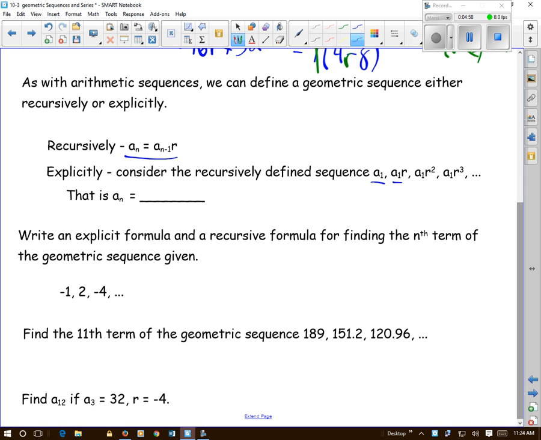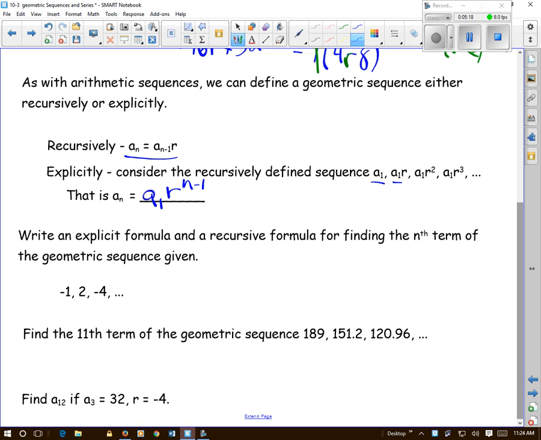for a sub n? Well, each time we have the a1 in there, so our formula is going to start off with a1, but then it's multiplied by r to a power. Ah, good, Luke. That is the n minus 1 power.